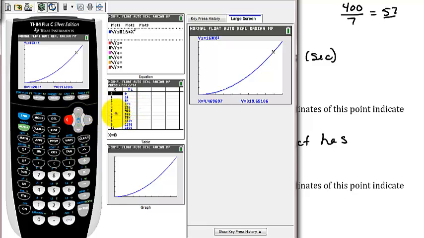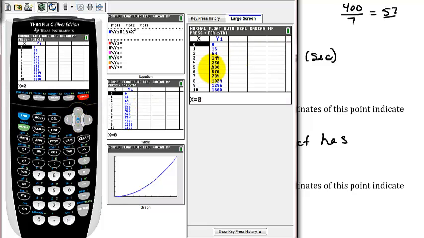We could go to a table of values, and we can set our table values also. So see, there's a word table right here in blue. So if you switch over to the table, now that's what's coming up in my window here. So right now it's going up by 1. So we can change how that's going up.